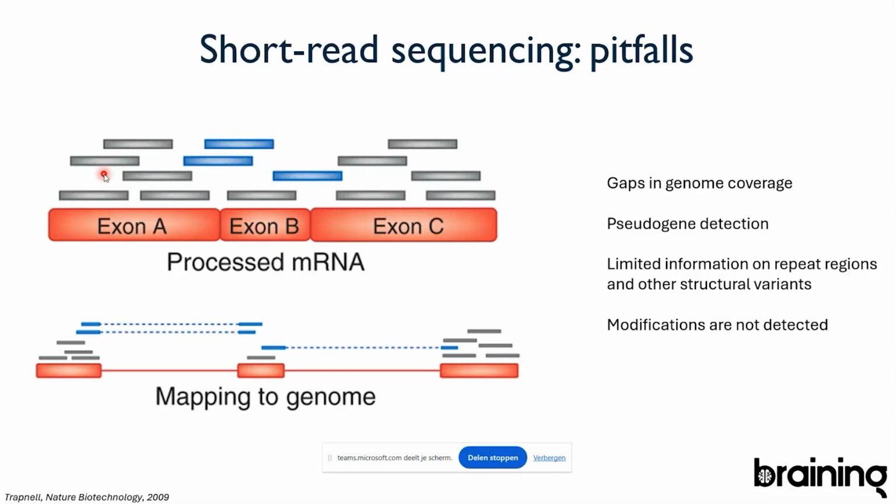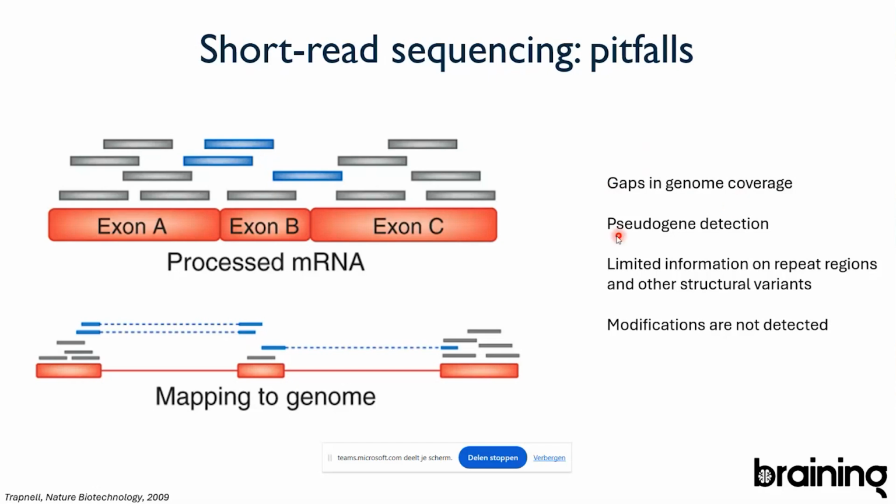That is directly related to the pitfalls that you have in short read sequencing. For example, if you have no reads in a genomic area, you are not able to map anything on that area. So if you have a gap in the genome coverage, that's knowledge that's missing, and you cannot fill it in any way.